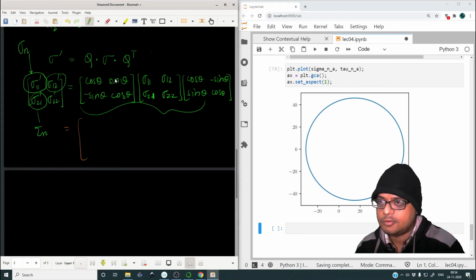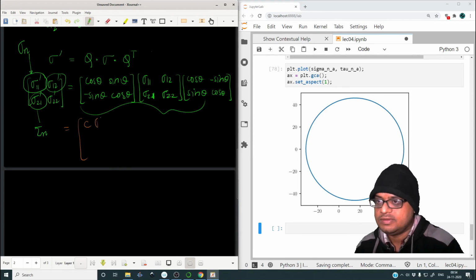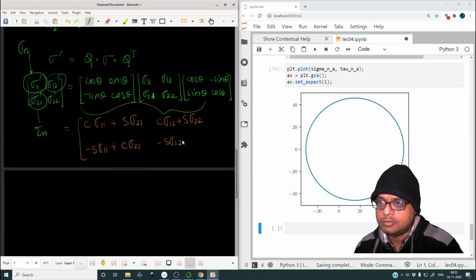So instead of cos theta and sin theta, I'm just gonna write C and S. So this will be C sigma 1 1 plus S sigma 2 1, C sigma 1 2 plus S sigma 2 2, minus S sigma 1 1 plus C sigma 2 1, minus S sigma 1 2 plus C sigma 2 2.